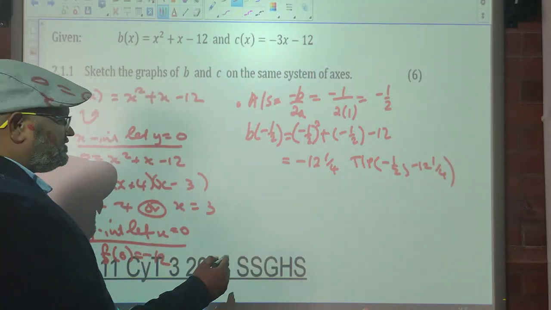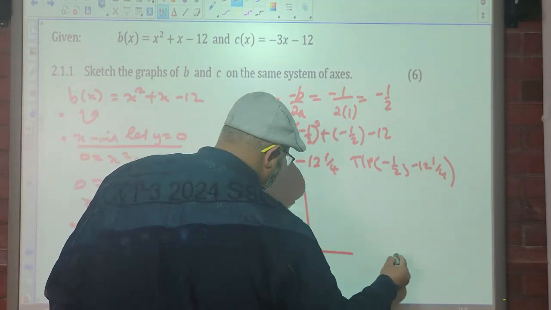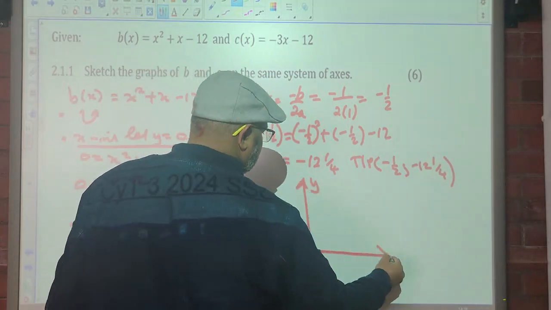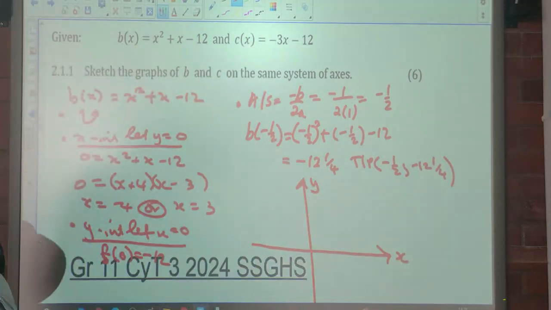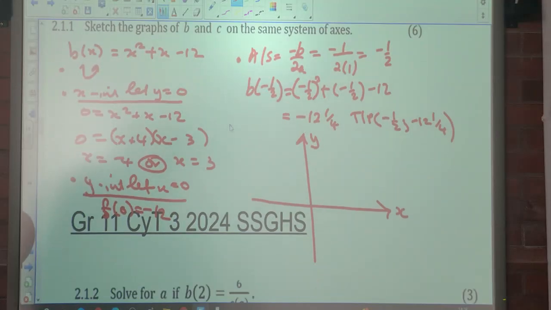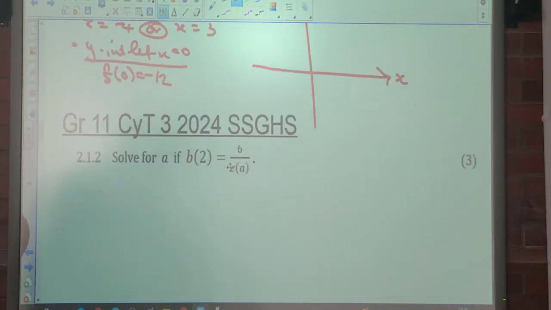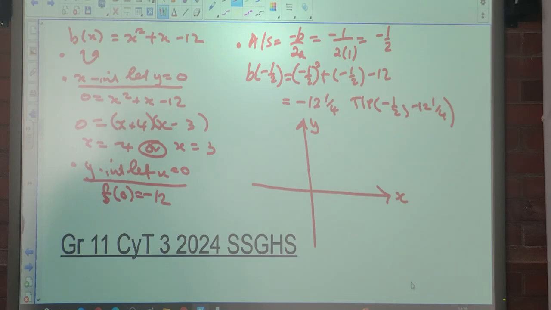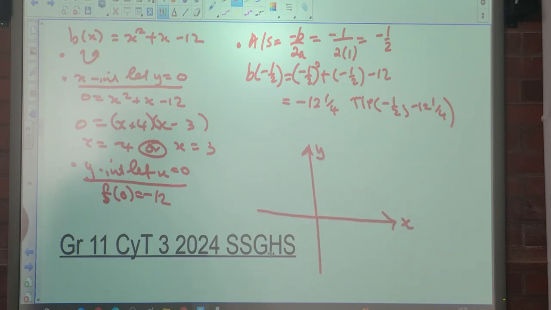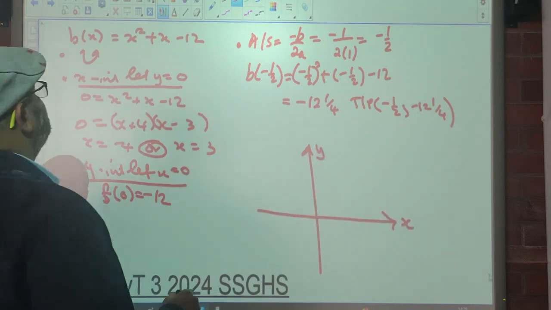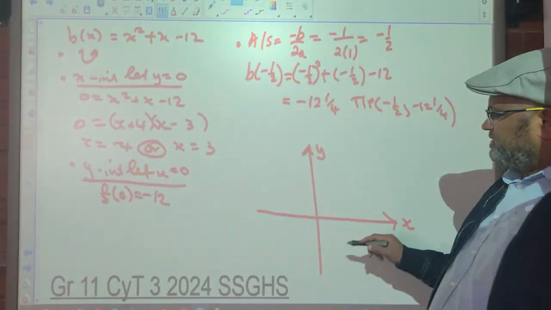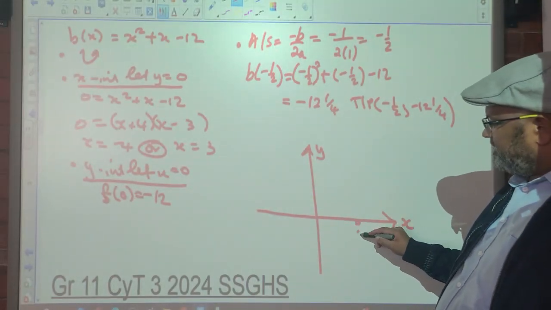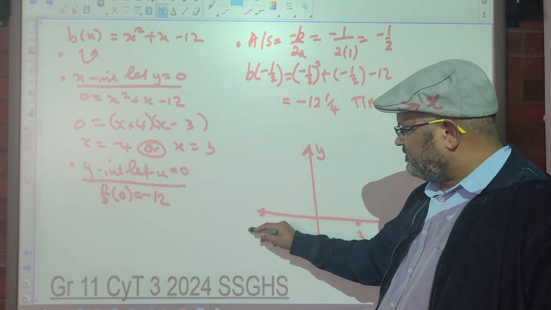This is enough information to draw a graph. So we got x is 3, x is negative 4.